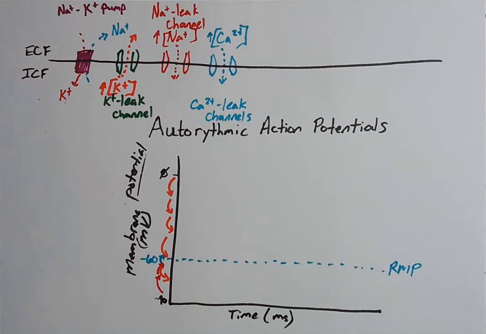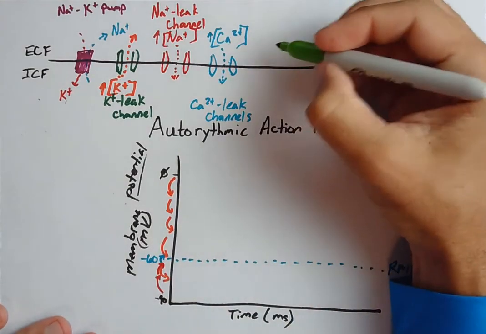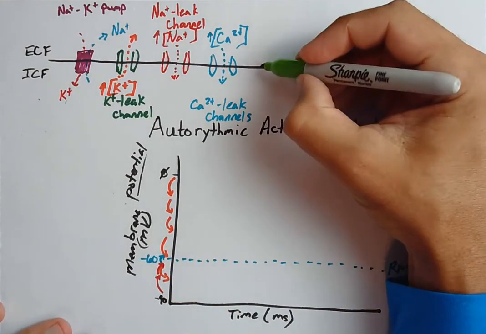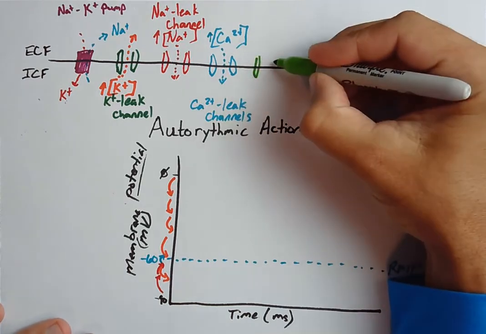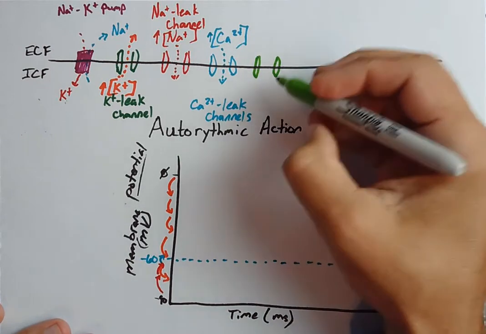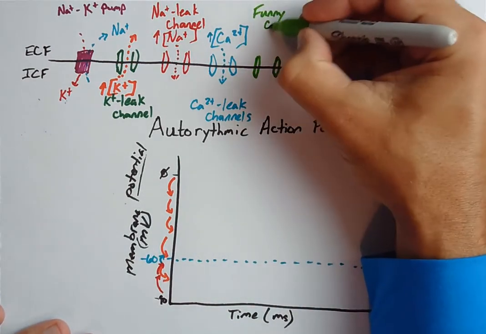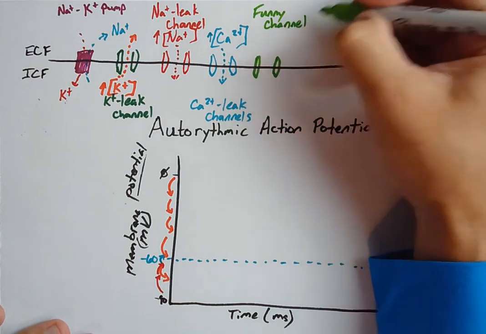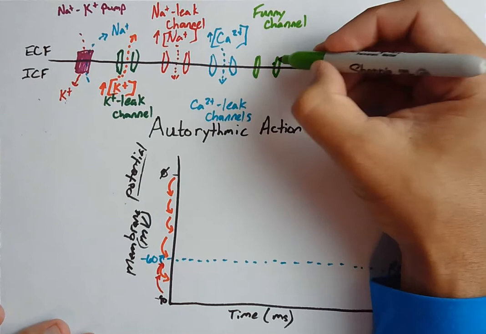There are other types of leak channels in an autorhythmic cell membrane. And these ones are going to be kind of novel, most likely, to y'all. There's another type of leak channel that has a name called the funny channel. The funny channel is a sodium leak channel that has a gate on it.